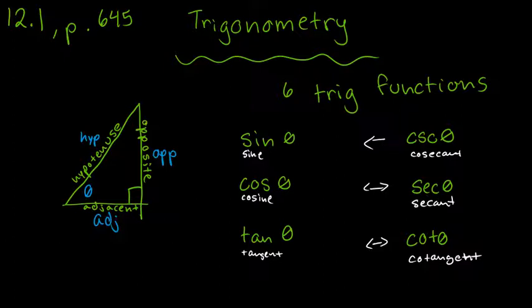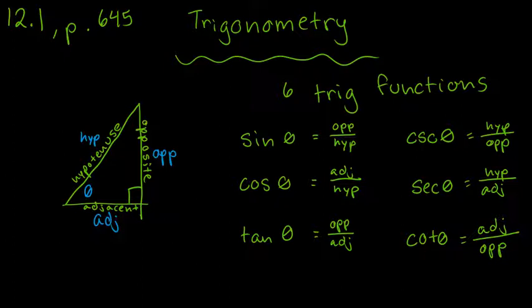Alright, and the ratio of the sides means that if I were to ask for the sine of theta, that means I'm looking at this angle, I have the opposite side over the hypotenuse. The opposite side is the side across from the angle, and I also have an adjacent side, which is one of the two sides that make up the angle.